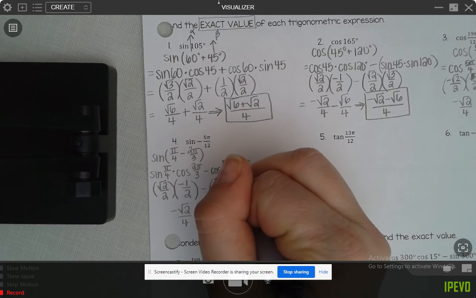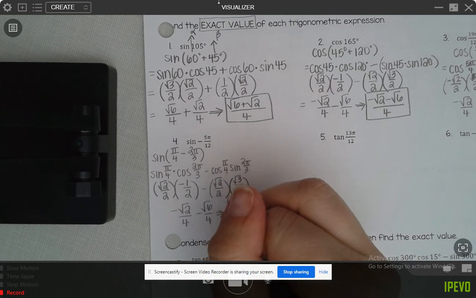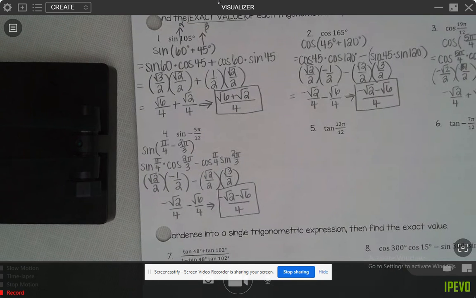So negative radical 2 minus radical 6 over 4. Are you guys noticing something? It's always going to be over 4 for the most part. They're almost all the same answers, but they're in different orders, right?